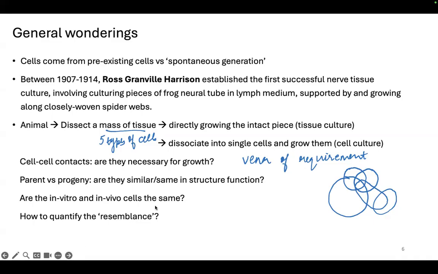All right. And then, of course, there are these checks. Whenever you're developing a new protocol, suppose today somebody is given a protocol how to grow neurons in cell culture. Great. Somebody objects, okay, we are growing neurons because they resemble your actual neurons in these 5 ways. But there is a sixth parameter in which it does not resemble. We are making a new protocol in which the neurons are now resembling actual neurons in all of these 6 parameters. 10 years later, maybe not even 10 years later, 2 years later, somebody says, okay, but there's a seventh parameter that we tested, and now these neurons don't behave that way.